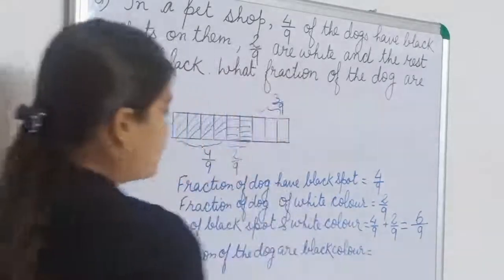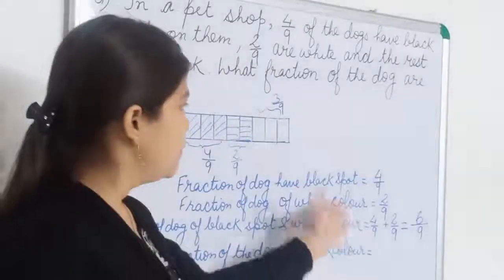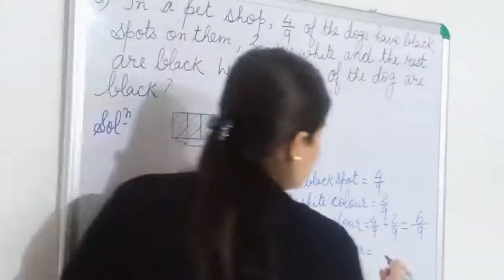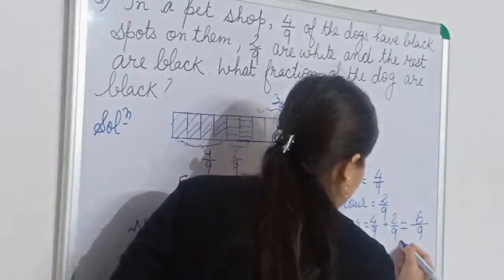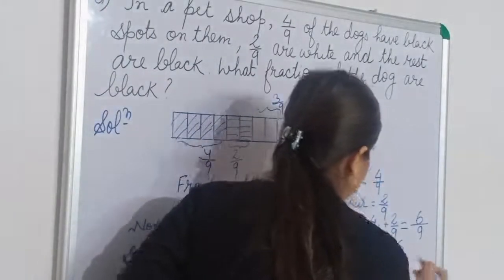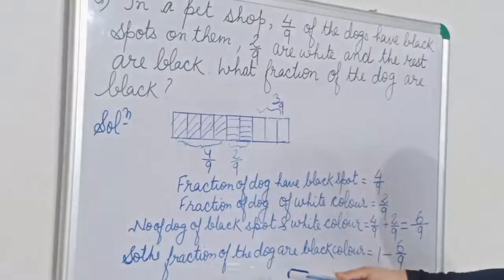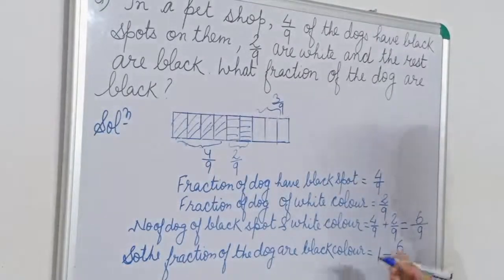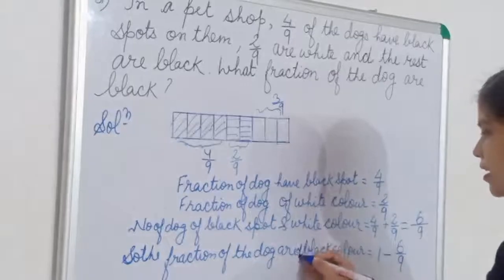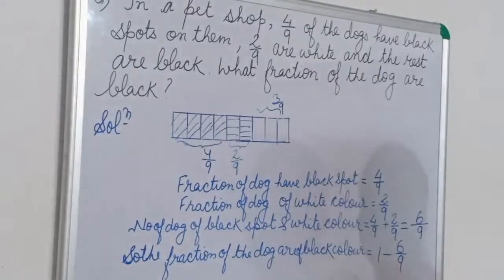We will subtract from the whole number. Whole means 1 only. So here it will be 1 minus 6 by 9. So the fraction of dogs of black color is equal to 1 minus 6 by 9.